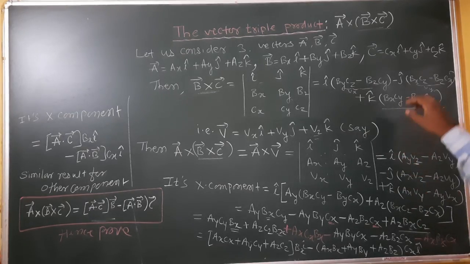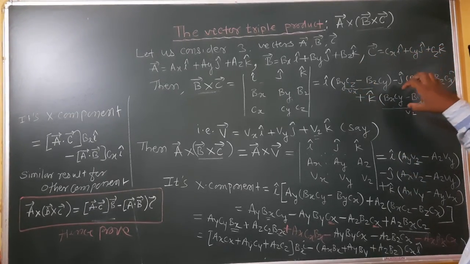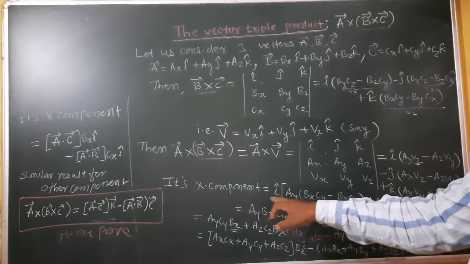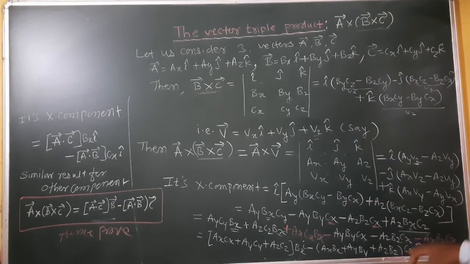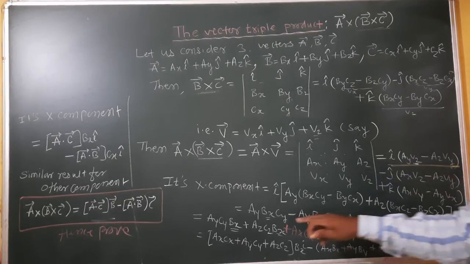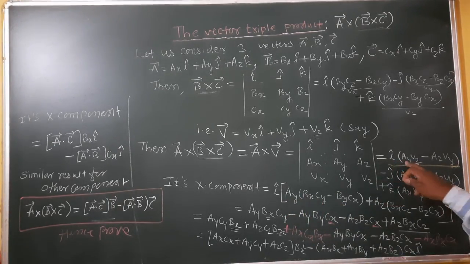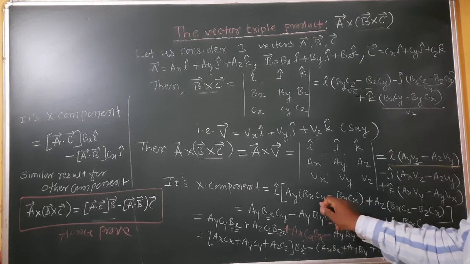Substitute the values of the components Vx, Vy, Vz. The X component we have to consider, that is I into bracket. What is the X component? See here, this is the X component we have. For this X component, I cap into bracket, Ay is as it is, the Z component of V we have to substitute here.